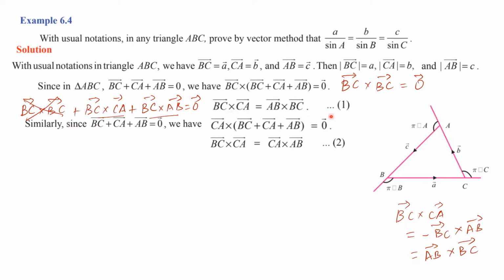So we'll define this as our 1 and define this as our 2. From equations 1 and 2, we get AB cross BC is equal to BC cross CA. And in equation 2, BC cross CA is equal to CA cross AB. So we can say that AB cross BC is equal to CA cross AB is equal to BC vector cross product with CA vector.